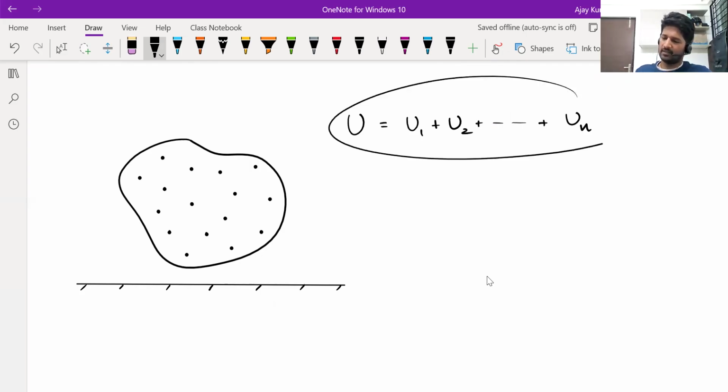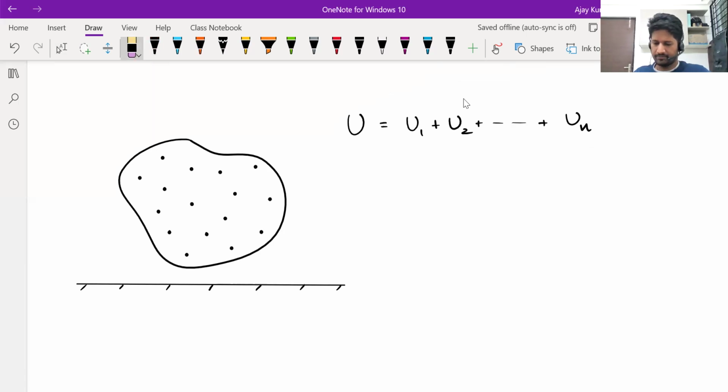But do you think it will be practical to do it like this? Clearly not, because there will be infinite number of particles. So let's see what can be done. Consider one of these particles, let's say this one. Assume its mass is m1 and its height from the ground is h1. Consider another particle, maybe this one.